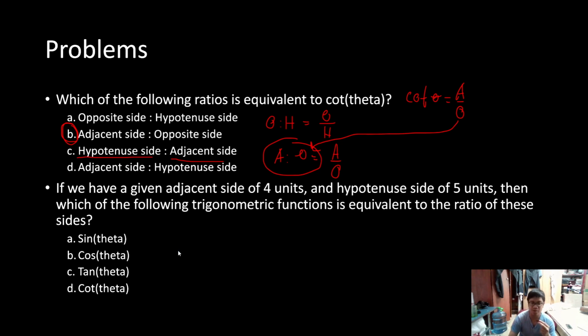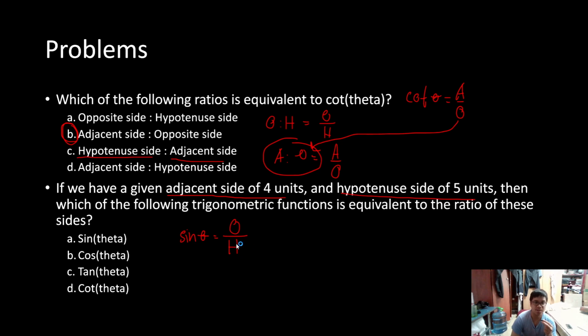Let's have a short recall. Sine theta, if you're going to know its equivalent ratio, it's basically opposite side all over hypotenuse side. So opposite is to hypotenuse. All right. Now, you see, we have a given adjacent side of 4 units and hypotenuse side of 5 units.